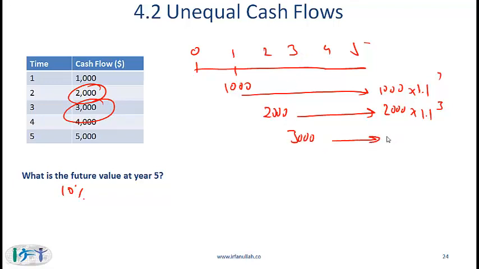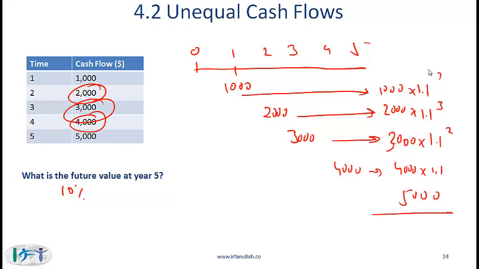This is compounded 2 periods. So 3000 into 1.1 to the power of 2. 4000 is going to be compounded just 1 period, and the final 5000 at the end of year 5 is what you have. So add all these numbers, that is your future value at the end of year 5.